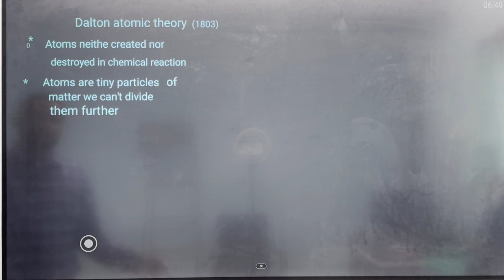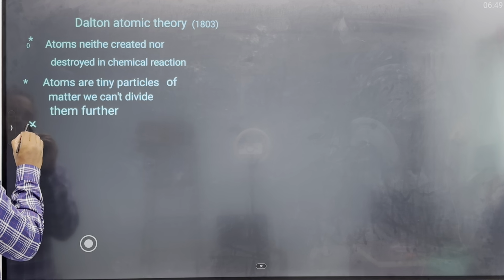Next, atoms of the same element are alike.